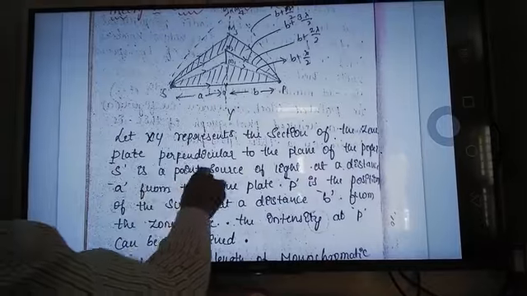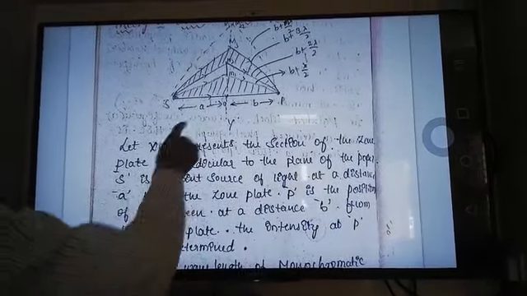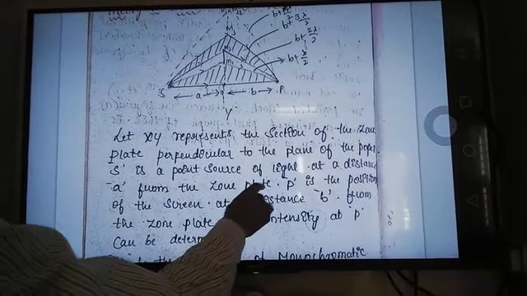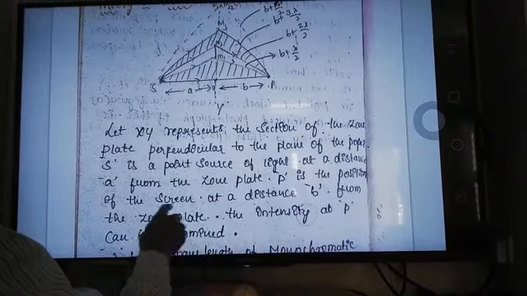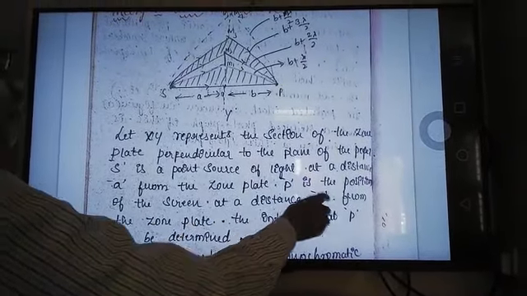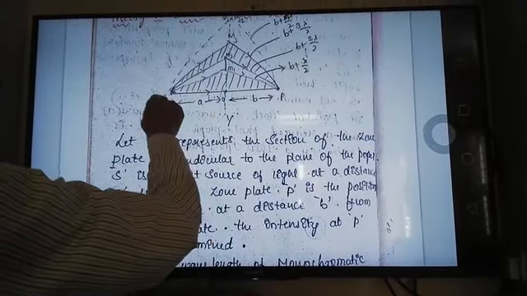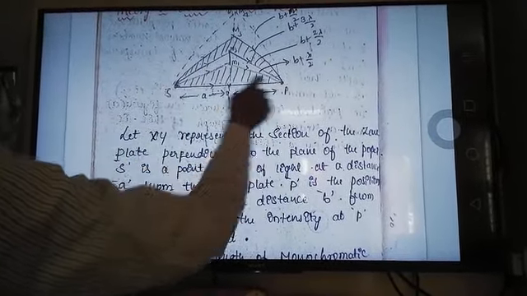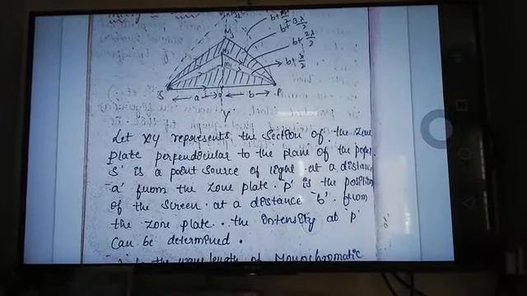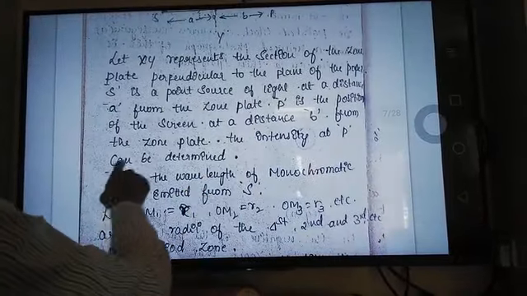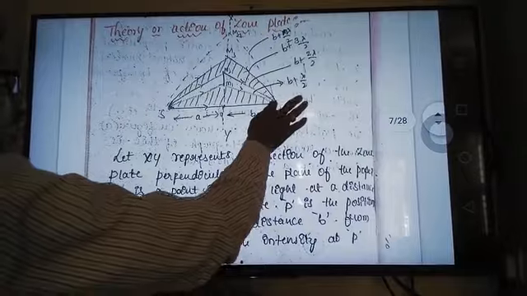S is a point source of light at a distance A from the zone plate. Let us consider another point P, the position of the screen, at a distance B from the zone plate. A and B are the distances. You have to find out the intensity at P.